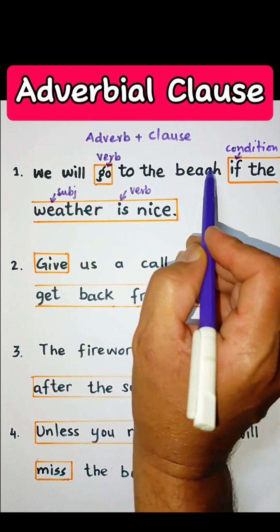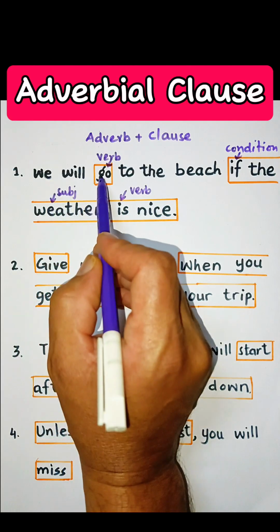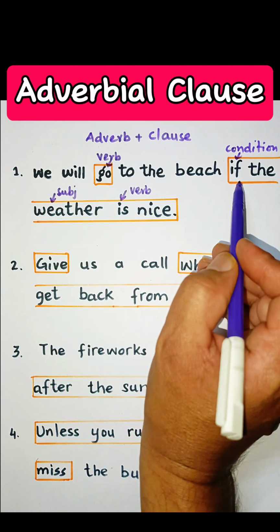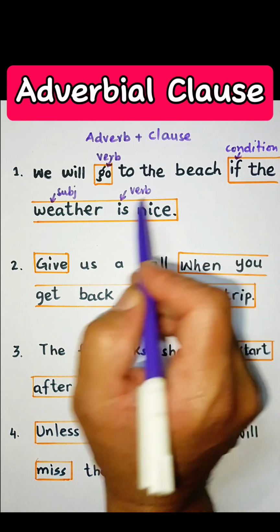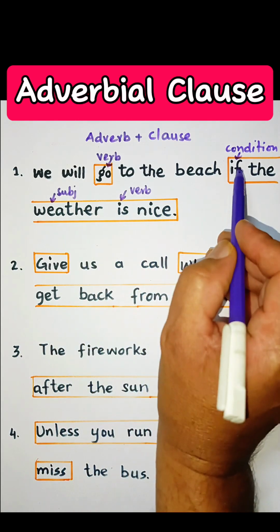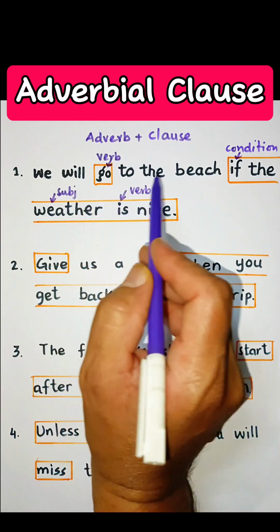So going to the beach is totally dependent upon the clause, that is, the weather is nice. Only if the weather is nice, only then we will go to the beach.